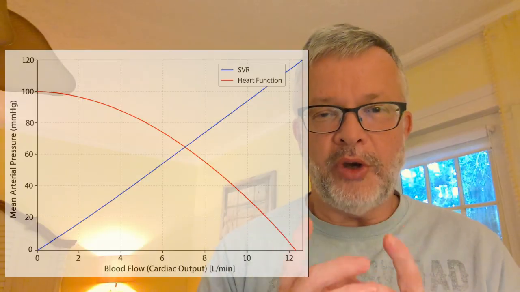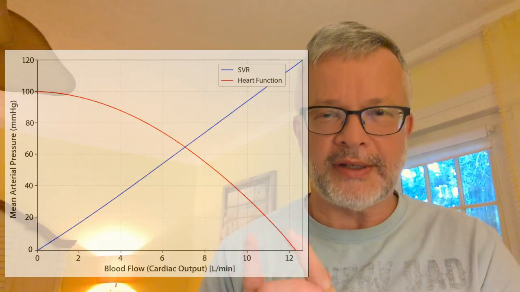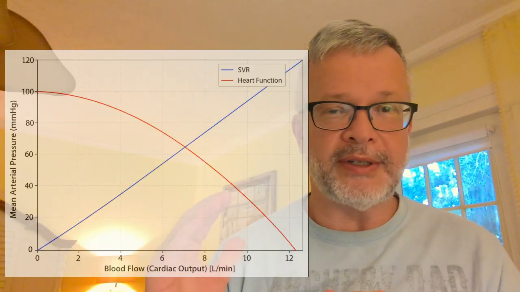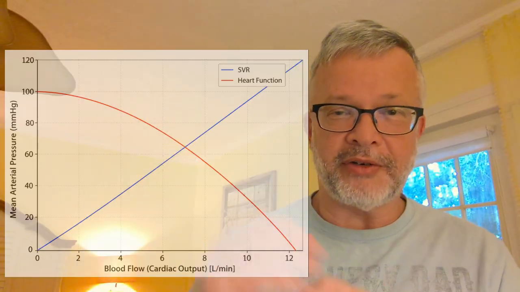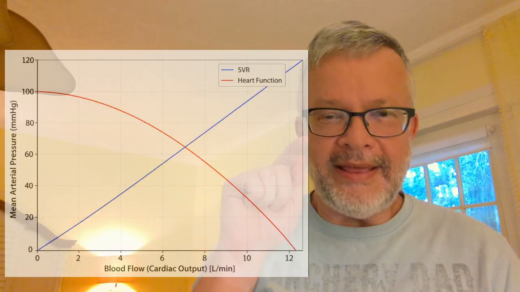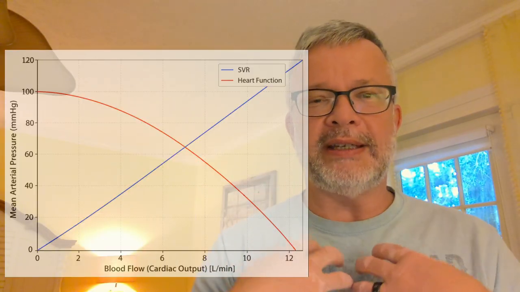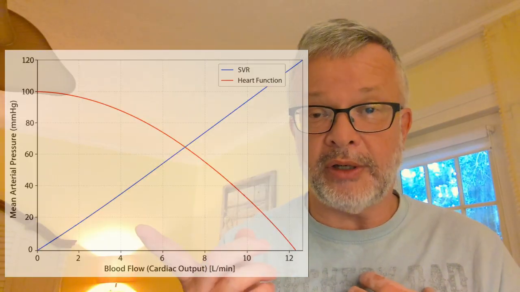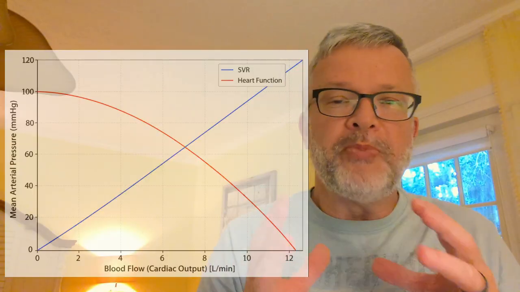Now, those two lines cross. You see the intersection between the systemic vascular resistance and the cardiac characteristic, the flow pressure cardiac characteristic. This point represents the status of our cardiovascular system, in this particular case on the left side.